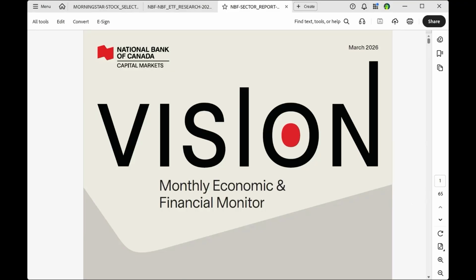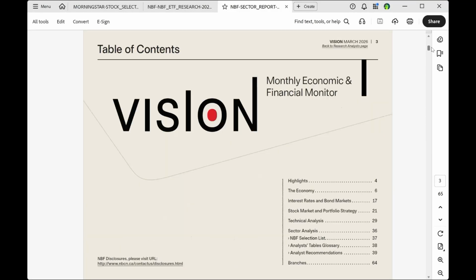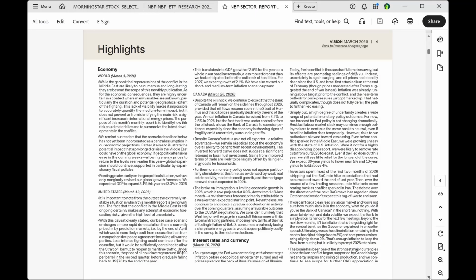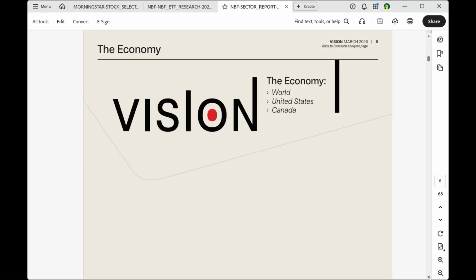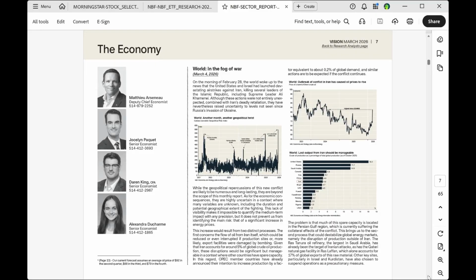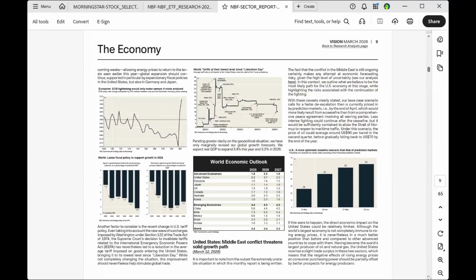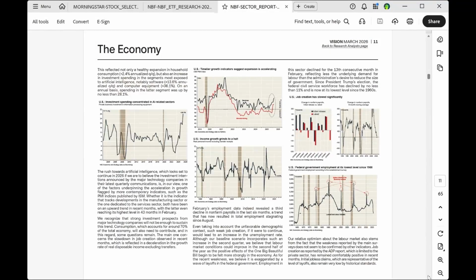This is a very comprehensive research report where it takes a look at the overall economy as well as a breakdown of certain sectors, all in one easy to digest research report. You can take a look at the economy for Canada, the US, or internationally. There are quite a few interesting tidbits, something for everyone.